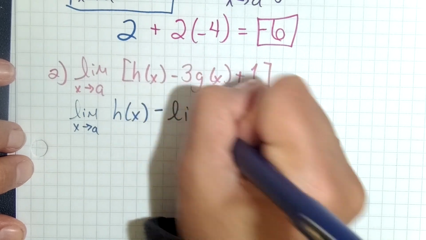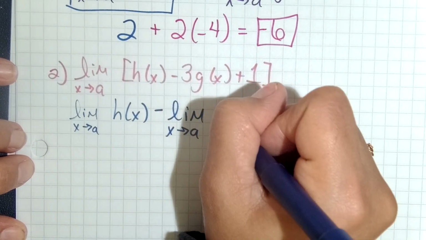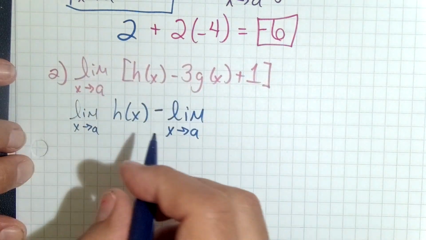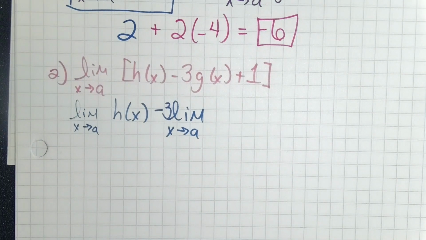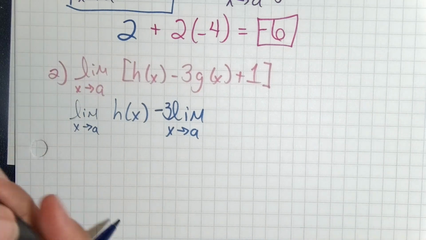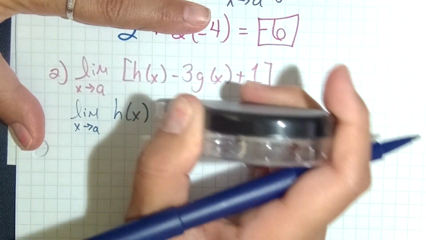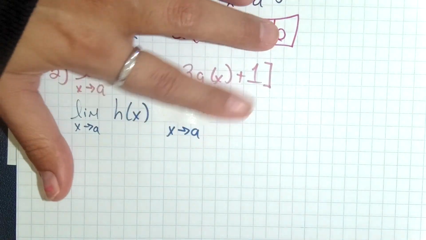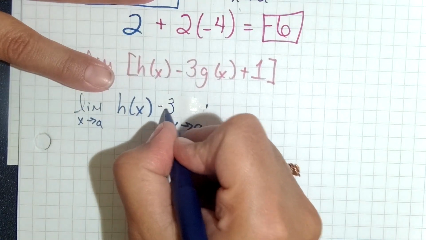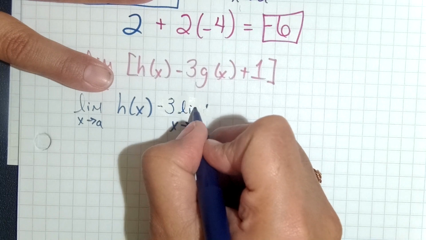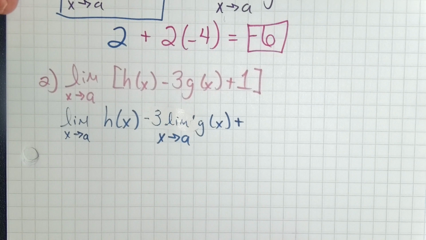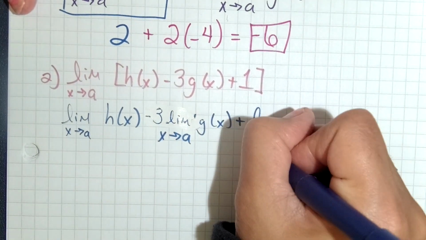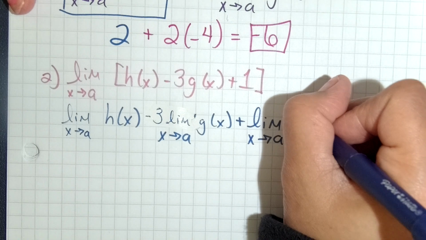The limit as x approaches a. What should go in front of this? Thank you, Estrella. Plus the limit as x approaches a of 1.